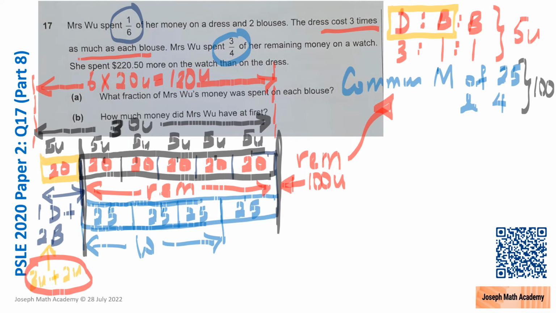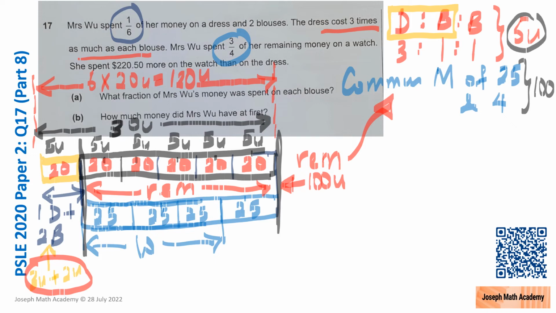Okay, now what about question A? What fraction of her money was spent on each blouse? Now, one blouse is actually in our original ratio, one blouse is actually 1 unit. But take note, this 5 over here is no longer 5.